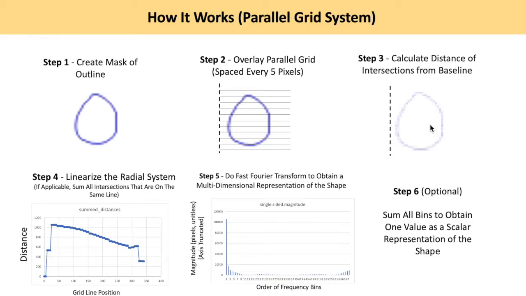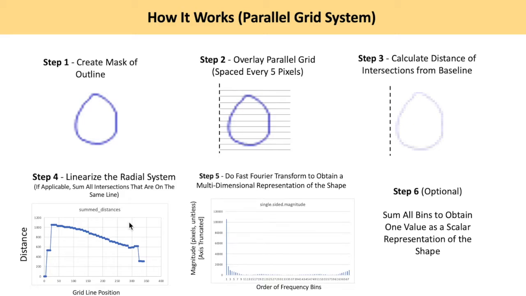We can then calculate the distance of every intersection to the baseline. And for every radial line that connects to the object more than once, all distances on that line are summed together to get one value. Thus, we're able to plot the line position versus the sum distance to obtain the graph in step 4.